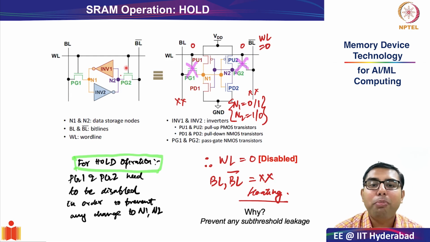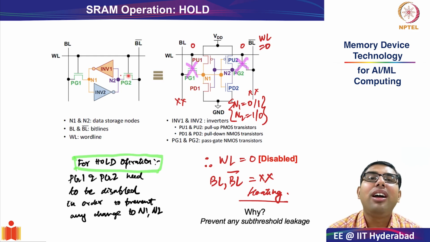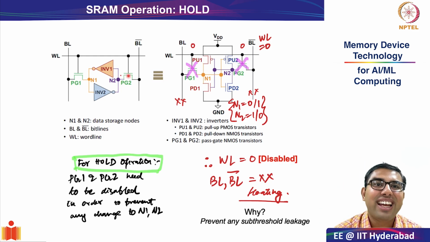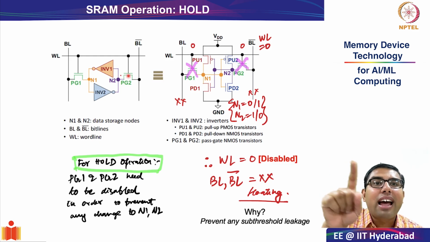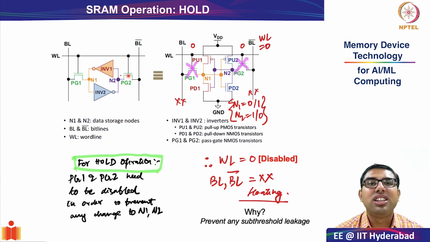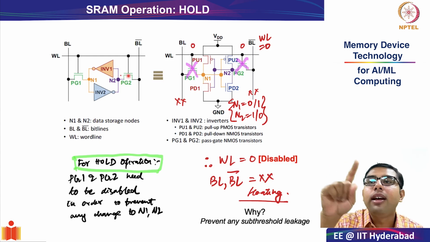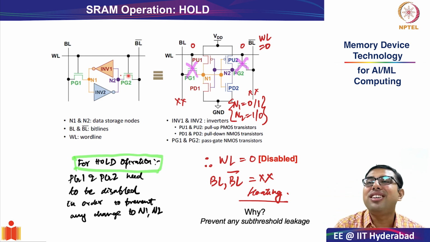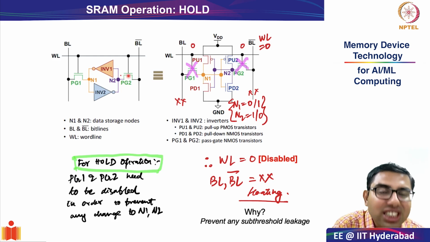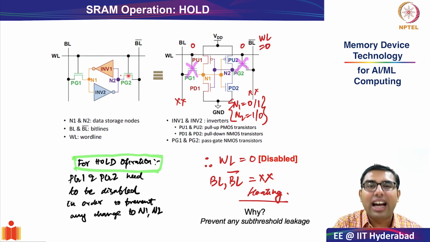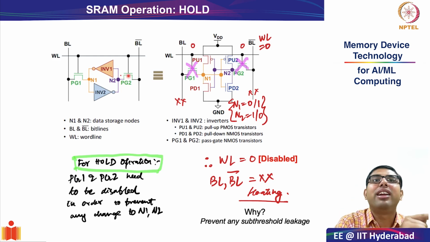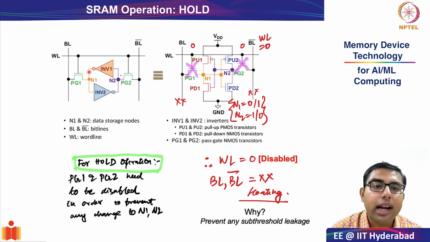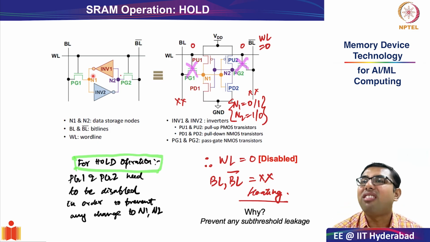although transistor PG1 and PG2 is off, real life transistors do not go to absolute 0 current in their off state. They have a sub-threshold leakage. Sub-threshold leakage means for VG less than VTH, current does not become 0. It exponentially becomes lower for smaller VG less than VTH. Okay, so always there is a finite leakage current which flows through these transistors.